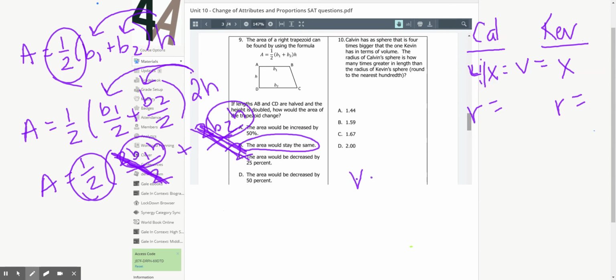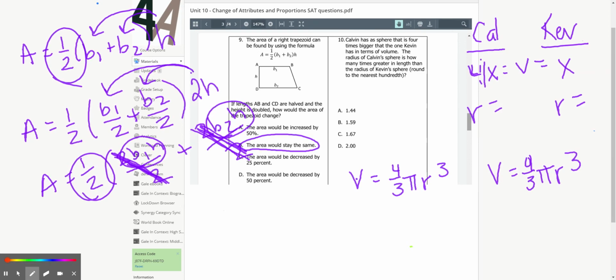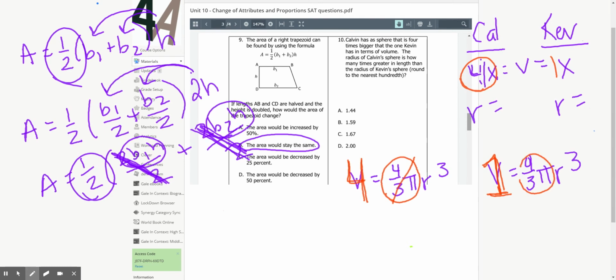So if V equals 4/3 pi r cubed and V equals 4/3 pi r cubed, if Calvin has a volume of 4 and Kevin has a volume of 1, right? Because that's 4x and that's 1x. Then we've got 4/3 pi in this equation that we can ignore, and 4/3 pi in this equation that we can ignore.